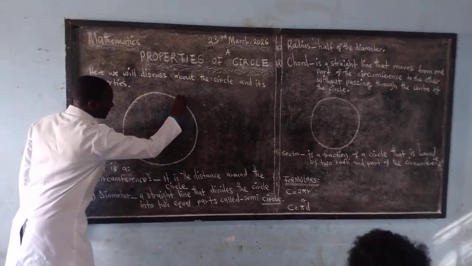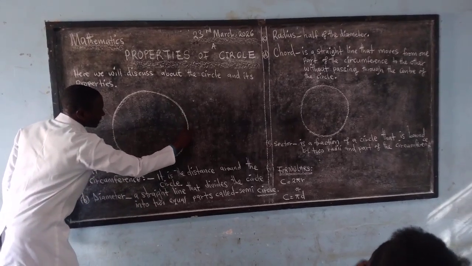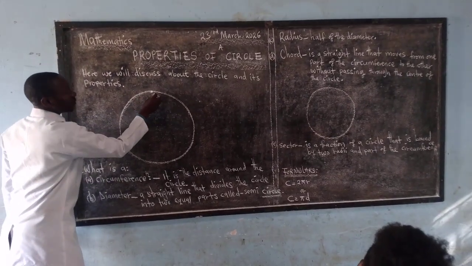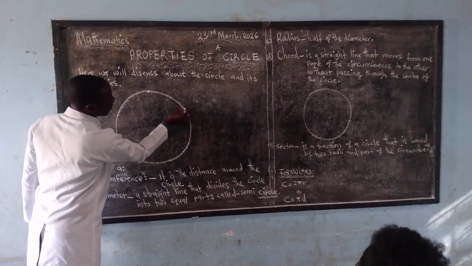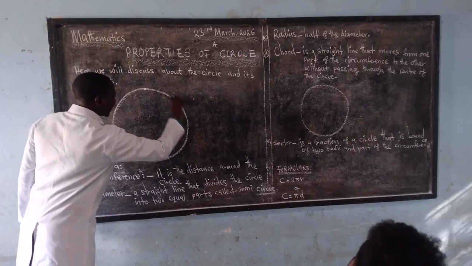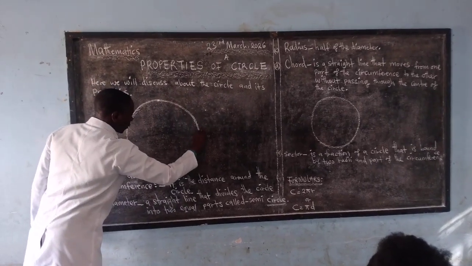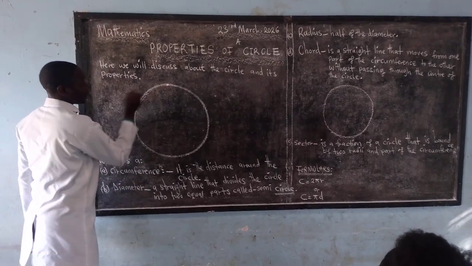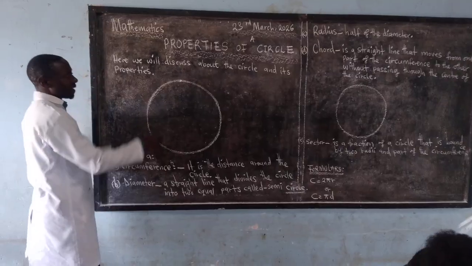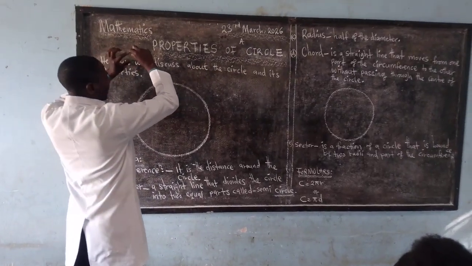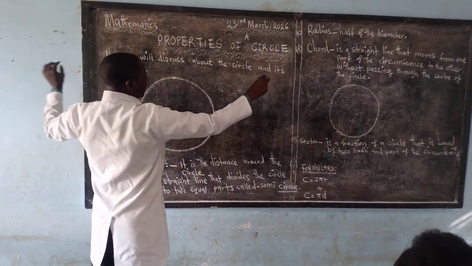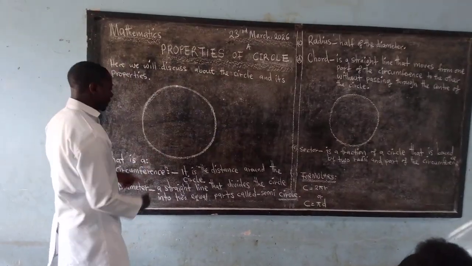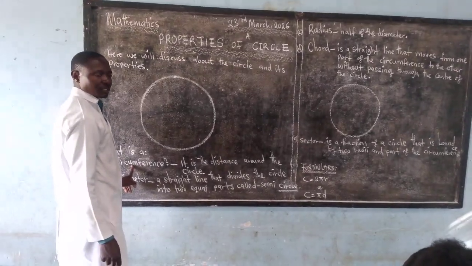This distance you are seeing here, from this point going round up to where we started. If we were to put a line here, make it straight and calculate the distance, that distance around the circle is called the circumference. Let's hope you understand.